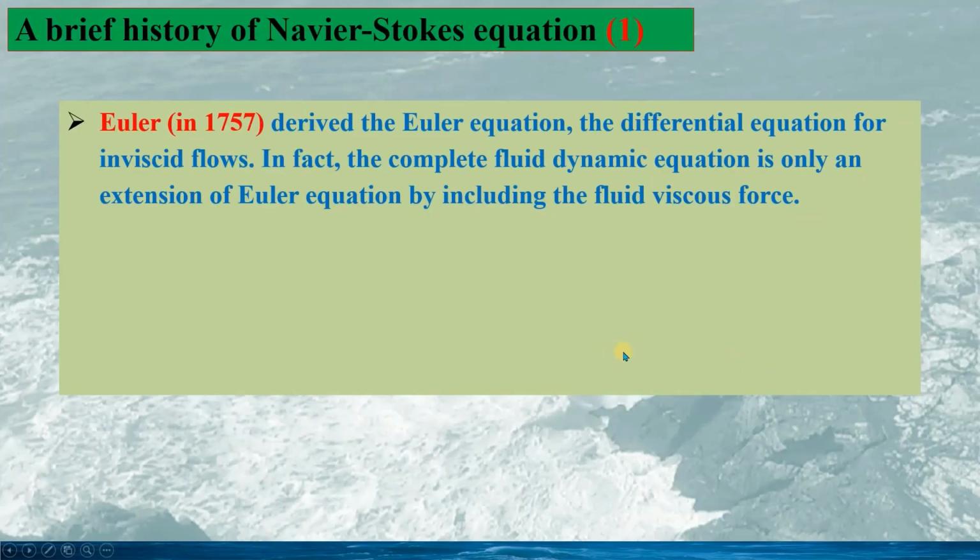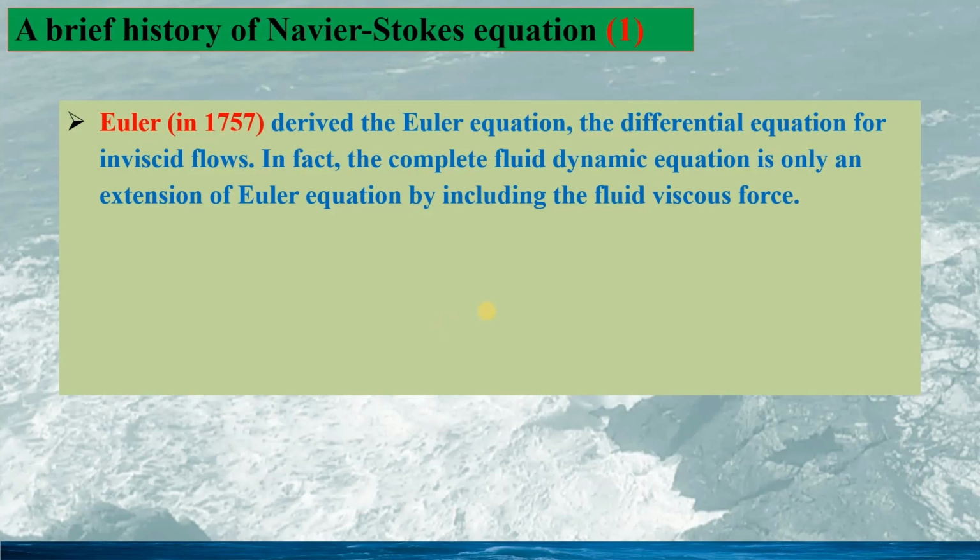In the first two slides, a brief history of Navier-Stokes equation will be introduced. Euler in 1757 derived the Euler equation, the differential equation for inviscid flows.